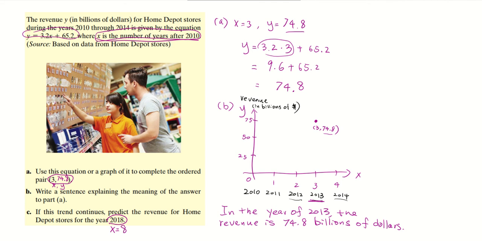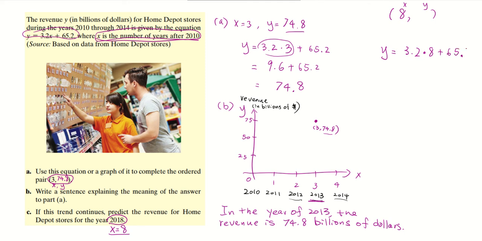Knowing x is equal to 8, we can use the equation given to us to find the y value. So what we do is plug in 8 for x and solve for y. So 3.2 times 8 plus 65.2.